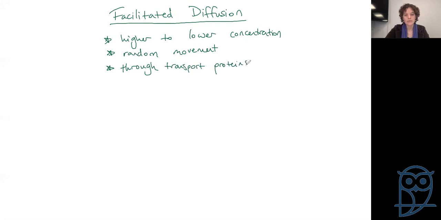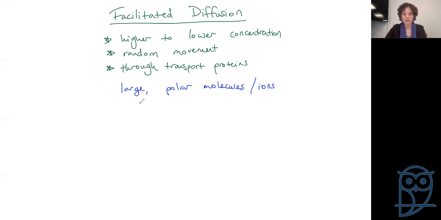So we have this problem of getting across the cell membrane. Certain natures of molecules can't get across. But if we have a transport protein, we have that opportunity to give them the help to diffuse through the membrane. So here we are talking in particular about large polar molecules or ions.